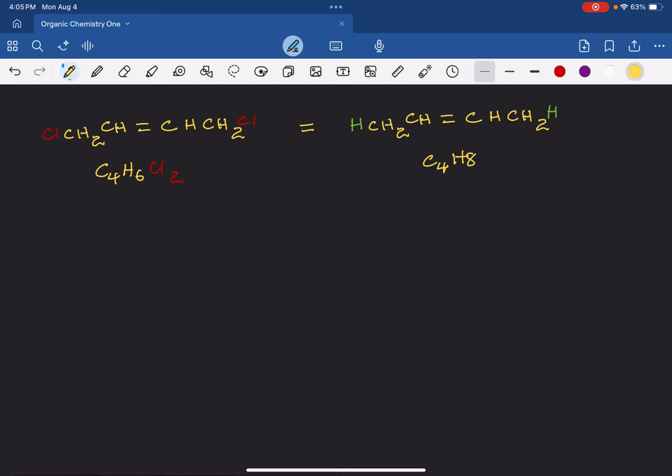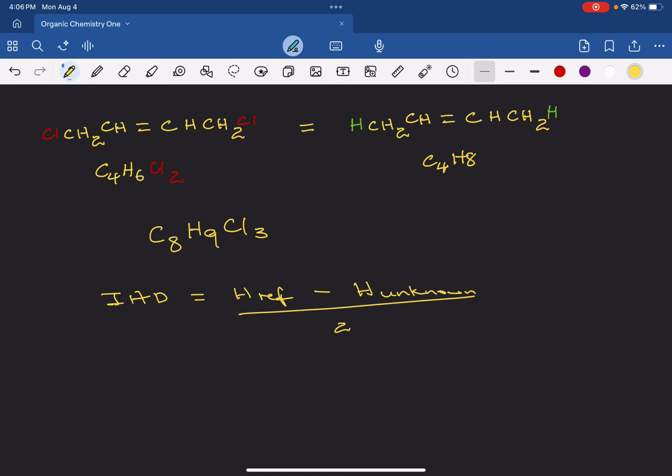Let's look at C8H9Cl3, right? Again, you know that your index of hydrogen deficiency is equal to H reference minus the number of hydrogens in your unknown, divided by 2.